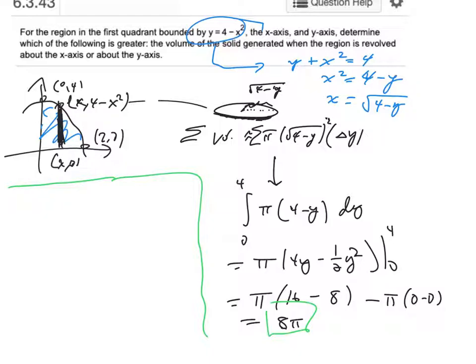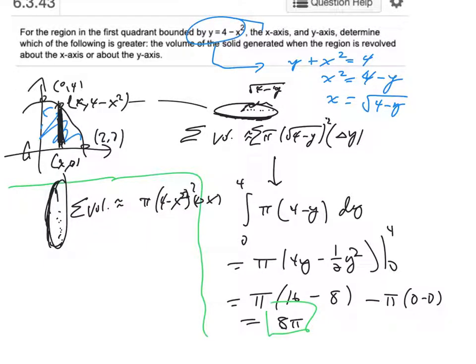So when this stick spins around the axis, it becomes a disk shaped like this, and the radius of that disk, which has a little thickness to it, is the same as the height of that stick. So the volume of one slice is approximately pi times the radius squared times delta x.